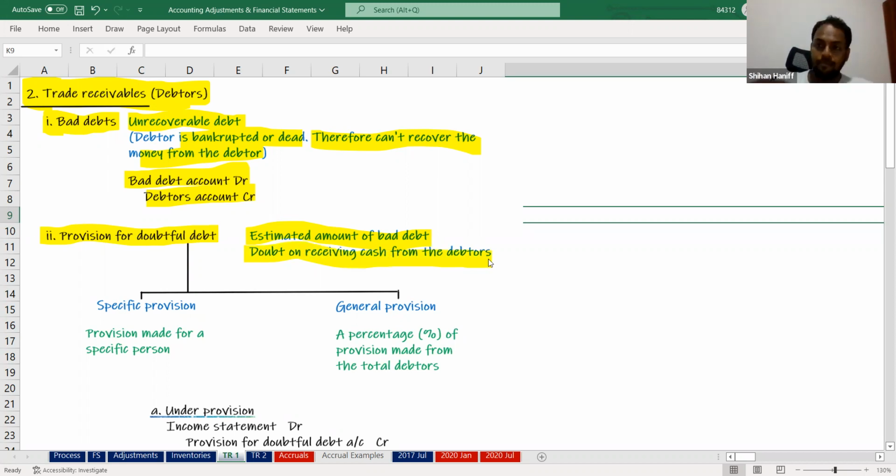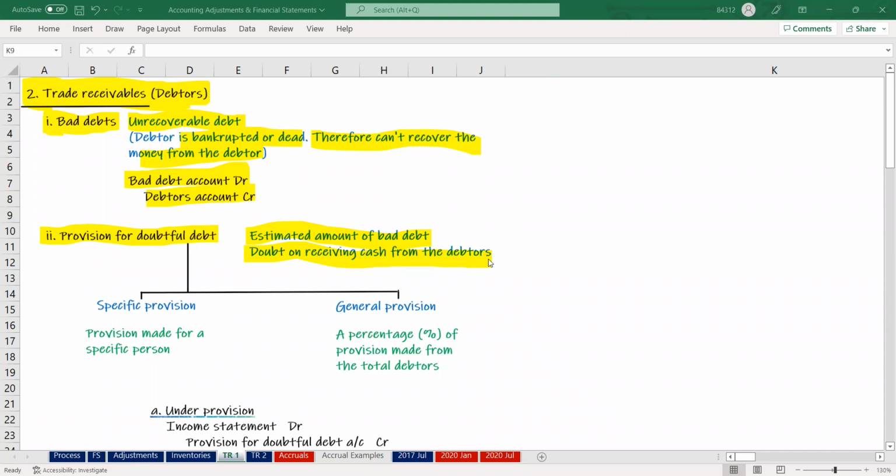Because when we do a sale, at the end of the year, we can't be 100% sure that everybody will pay you. So there is a doubt on receiving money. So you make a provision. You estimate the bad debt. This is an estimation. That is why we call it provision.